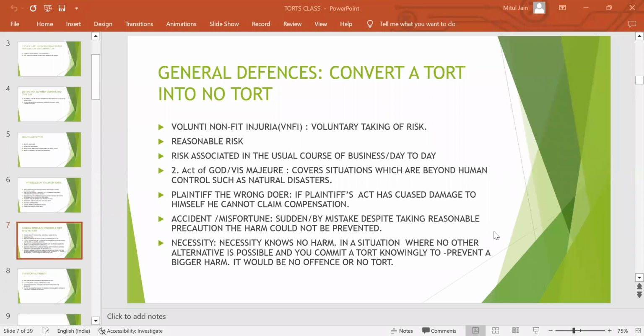Voluntary non-fit injury is voluntary taking of risk, which basically means a person voluntarily undertakes the risk despite being aware of the risk involved. Now, a person can only give consent to a situation of which he or she is aware.